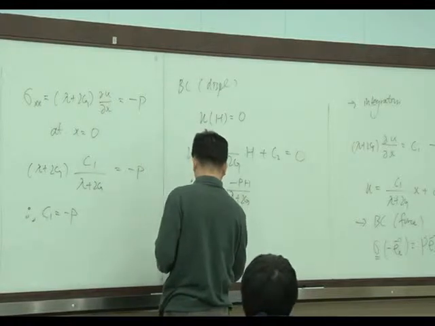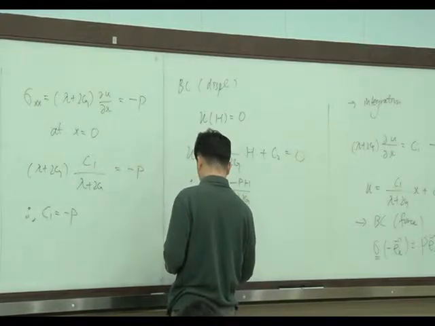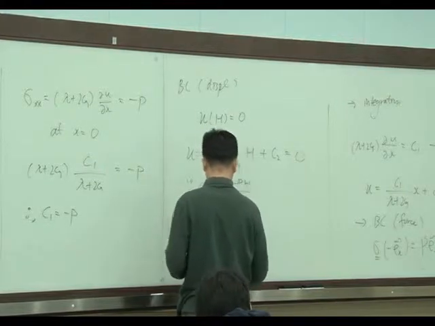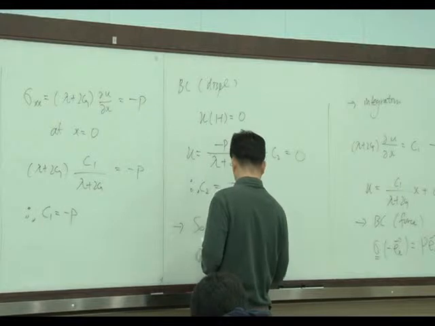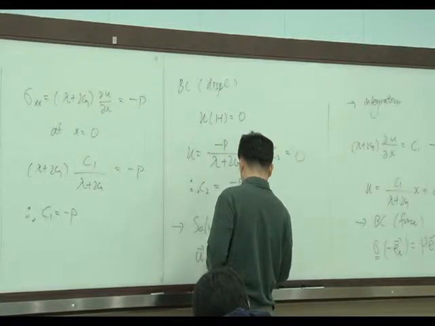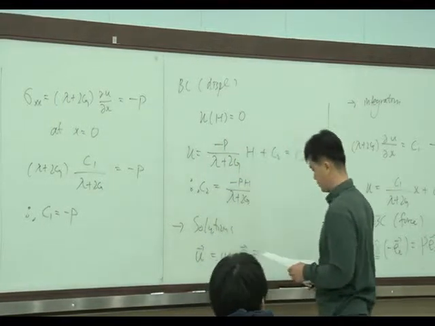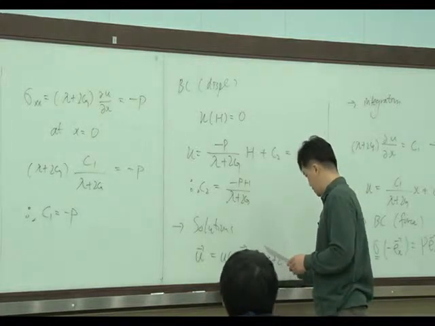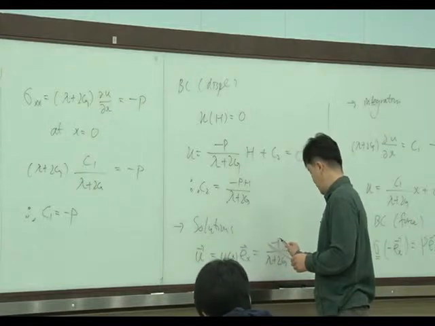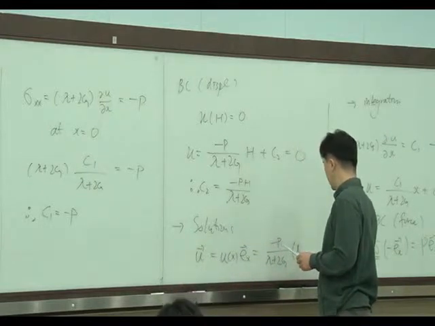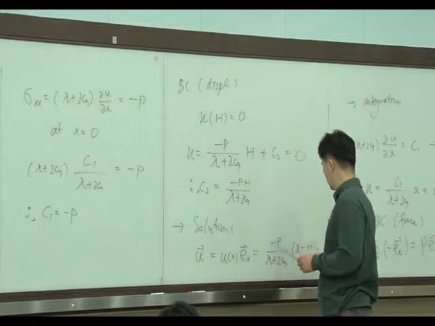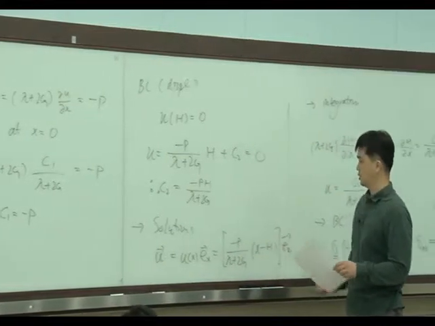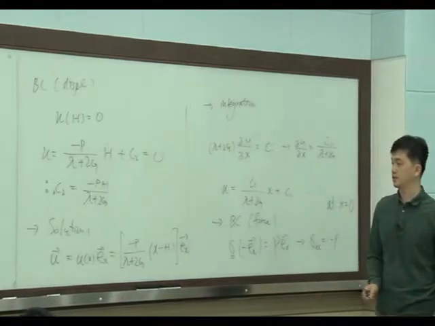Finally, displacement u equals u_x e_x, equal to minus P over (lambda plus 2G) times (x minus H) e_x. This is the displacement field solution.